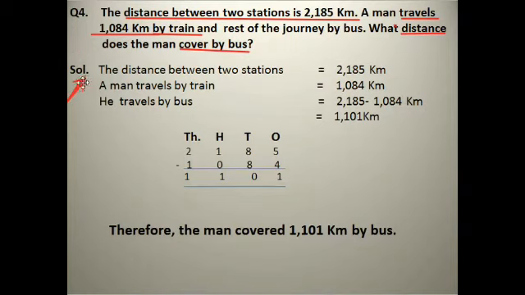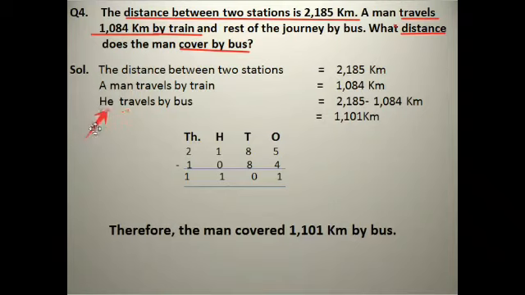In the solution, we will write in the first step the given information: the distance between two stations is equal to 2185 km. A man travels by train 1084 km. And now we find the answer.